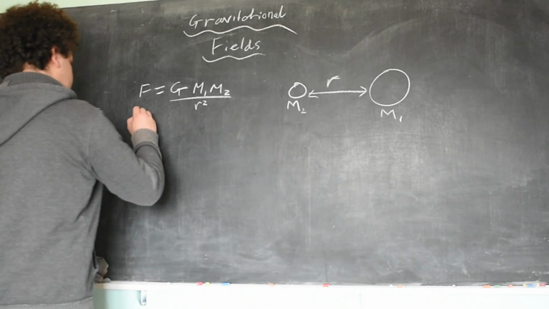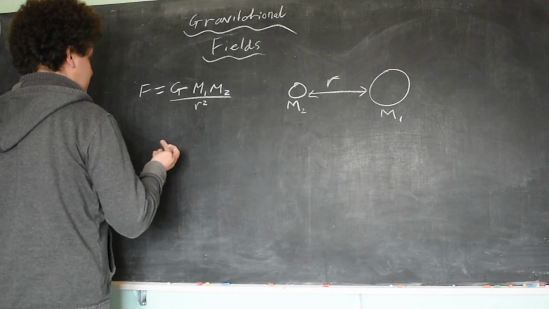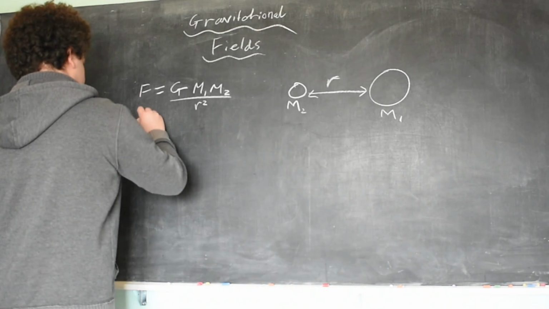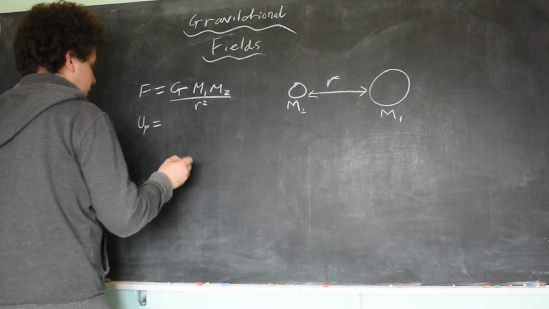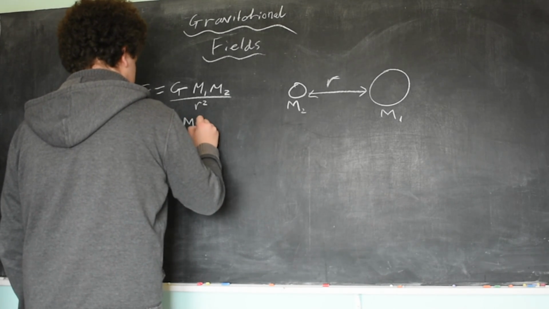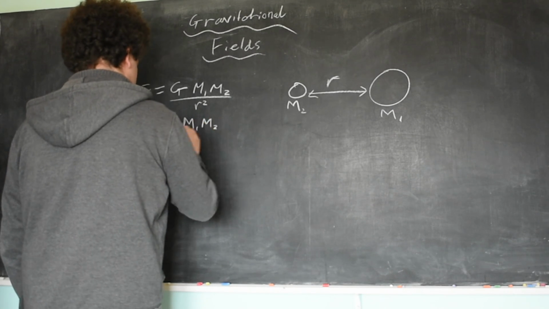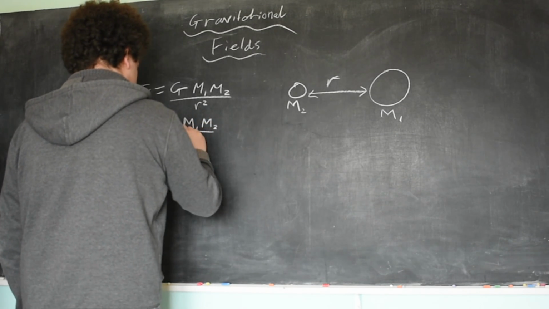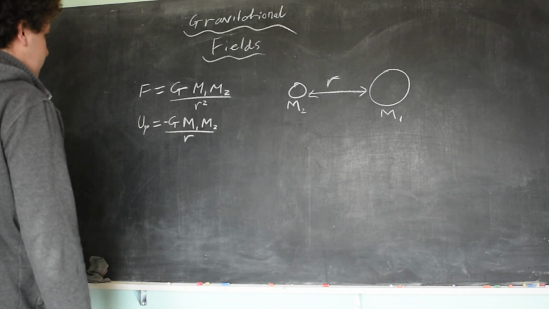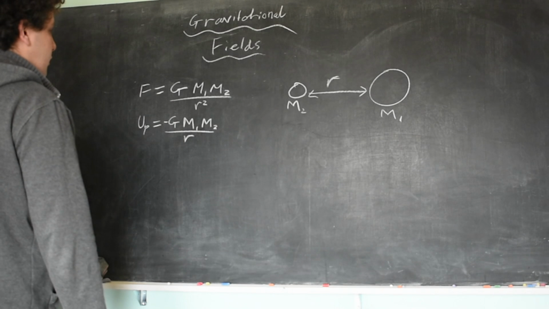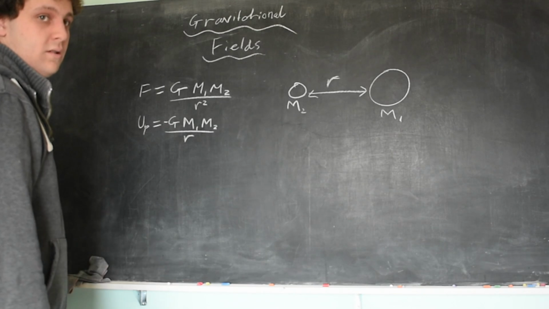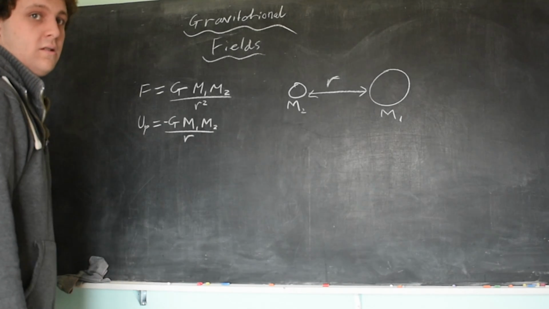To find the potential U of G, U, is negative G mass 1 times mass 2 divided by r, which gives you the energy it would take to bring a small test mass from infinity to that point, that distance away from the mass.